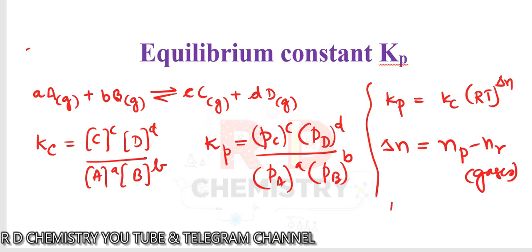What is the value of R? The value of R is generally 0.0821 in terms of liter atmosphere per mole per Kelvin. Because we express Kp in terms of atmosphere and the concentration terms are in terms of number of moles per liter, therefore it is 0.0821.